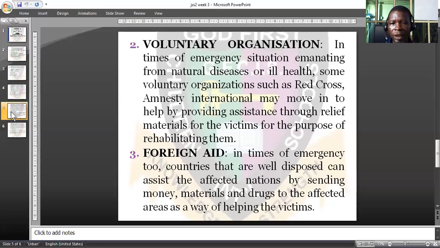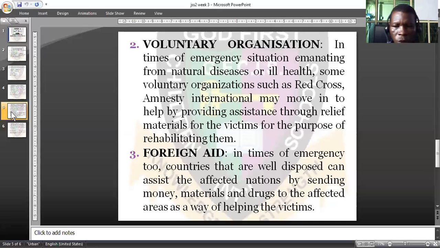These international organizations like Red Cross and Amnesty International are agents of United Nations. They have been doing this on many occasions.